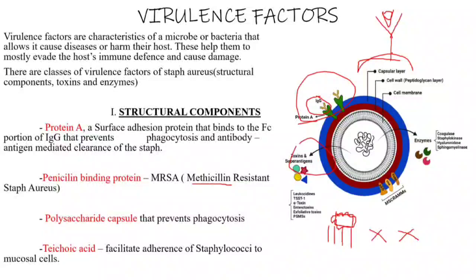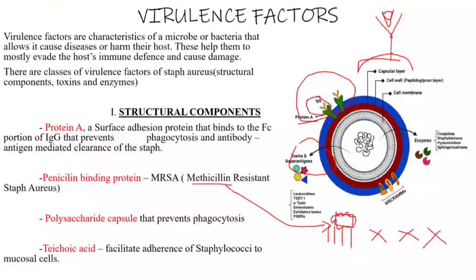But Staph aureus is able to change the penicillin binding protein, and so when methicillin comes here, it is unable to recognize the penicillin binding protein. And if you can't prevent the penicillin binding protein from performing its function, definitely it's going to cross-link its peptidoglycan and gain structural integrity, which will make it difficult for drugs like antibiotics to kill it. So that is one way staph evades destruction.